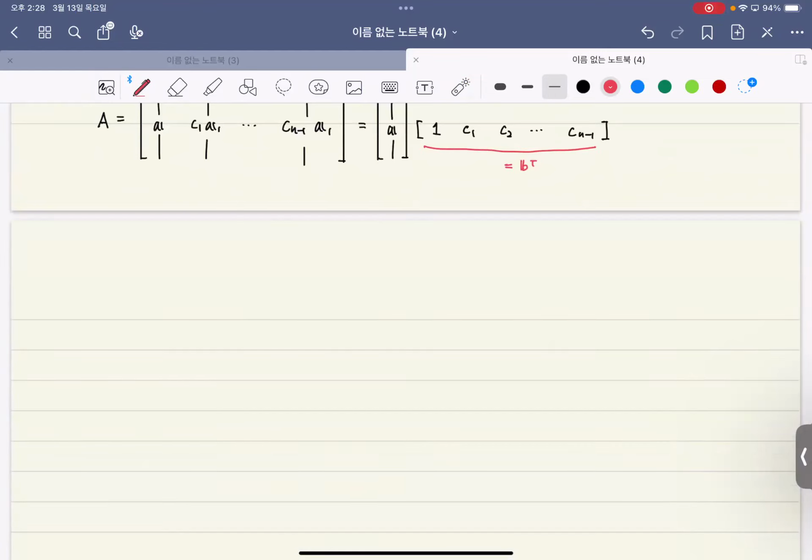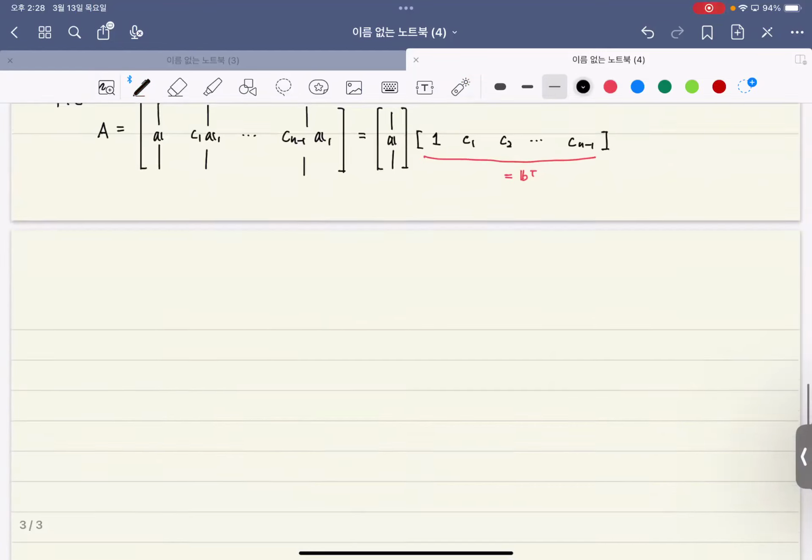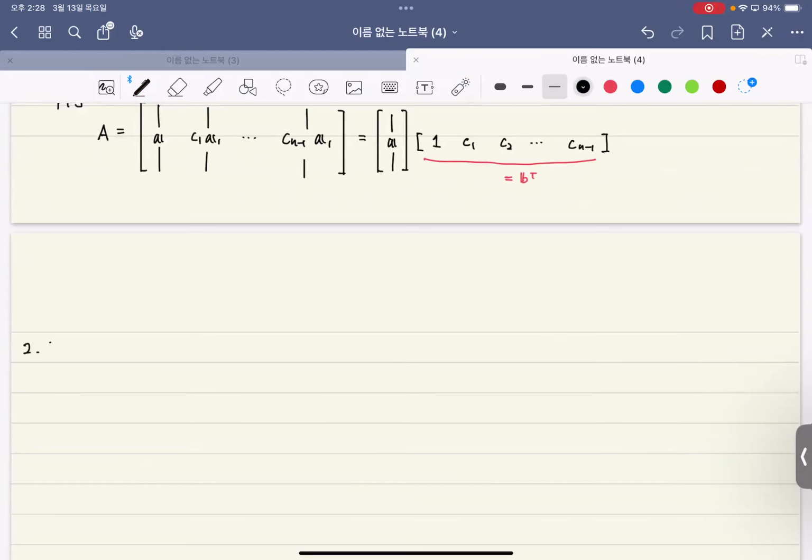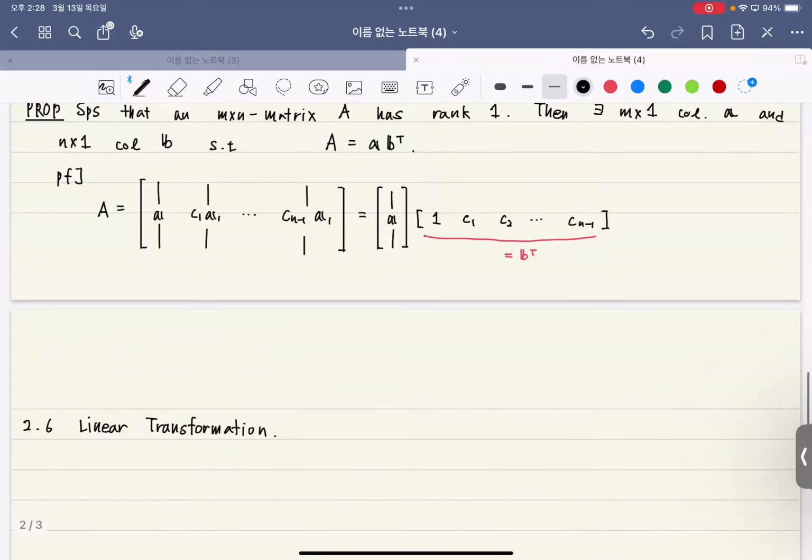All right. Now we are in section 2.6 about linear transformations. Okay, so why do we study matrices? Let me go back to the very beginning.